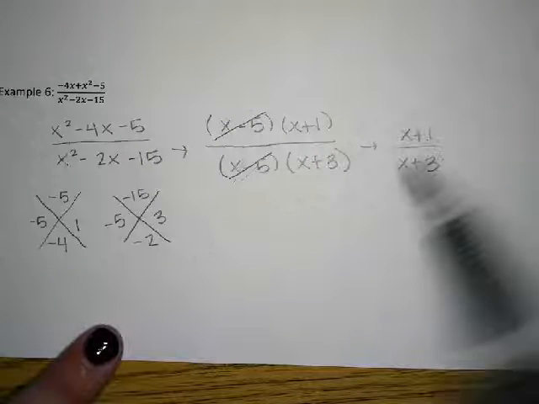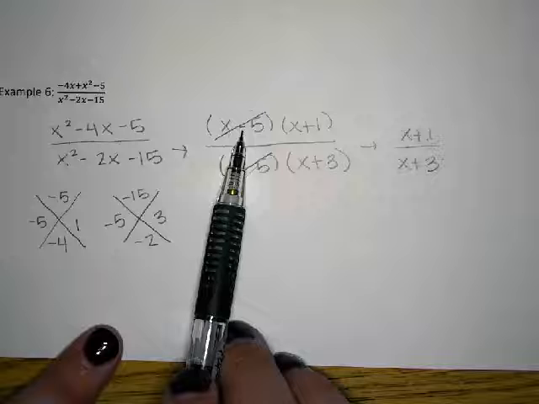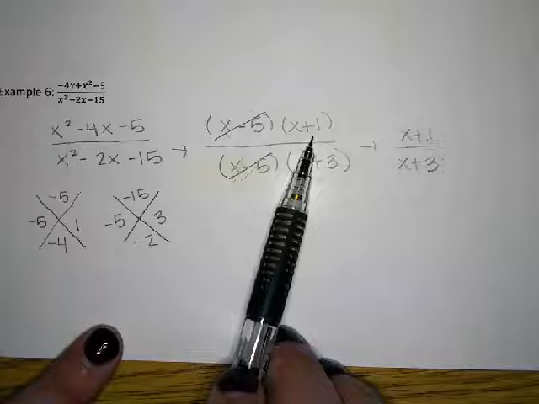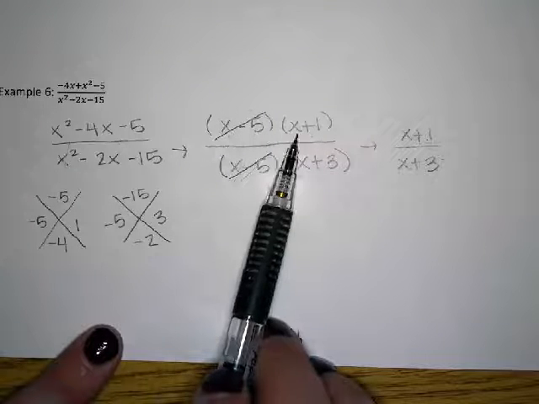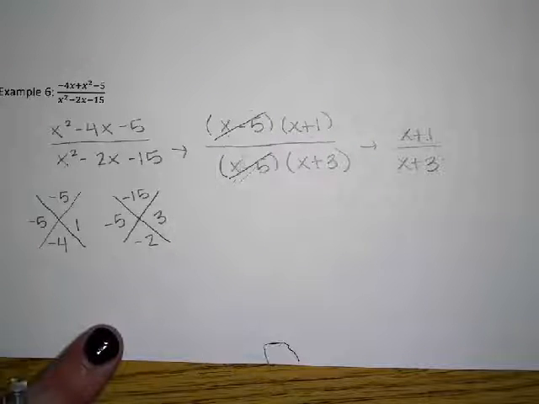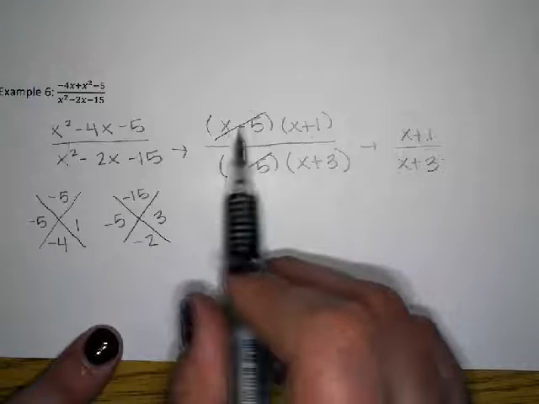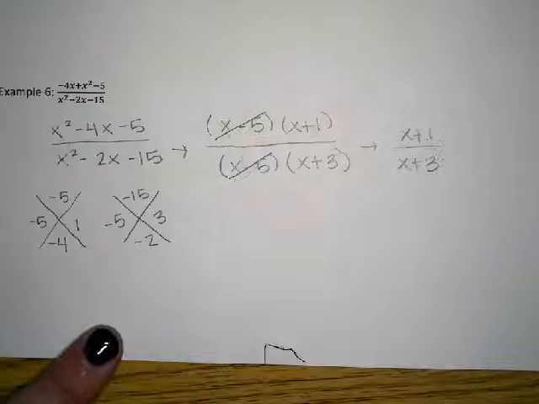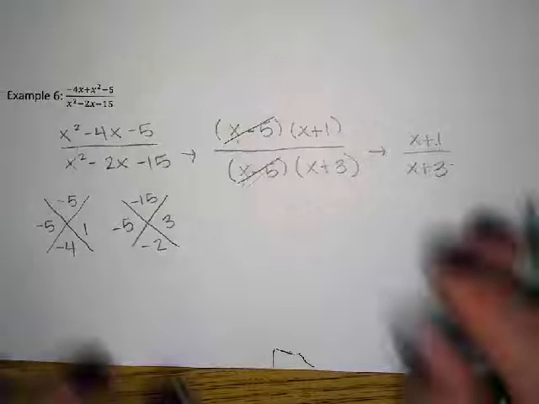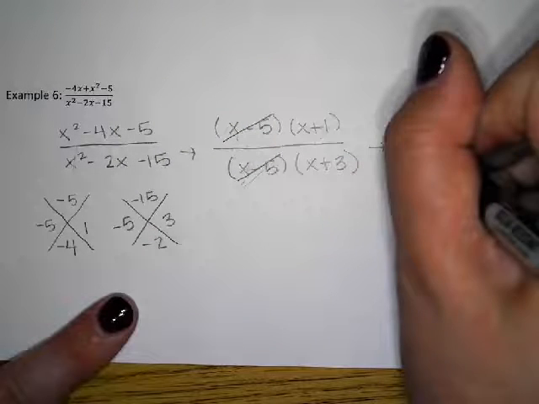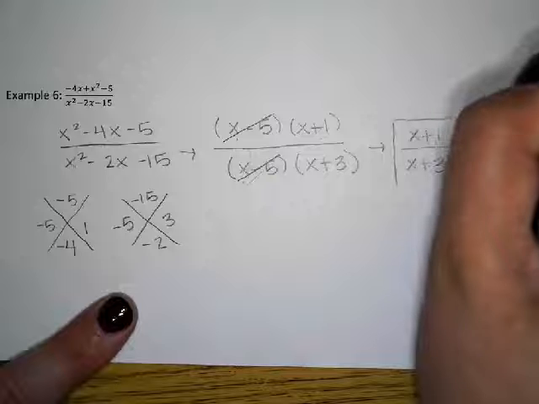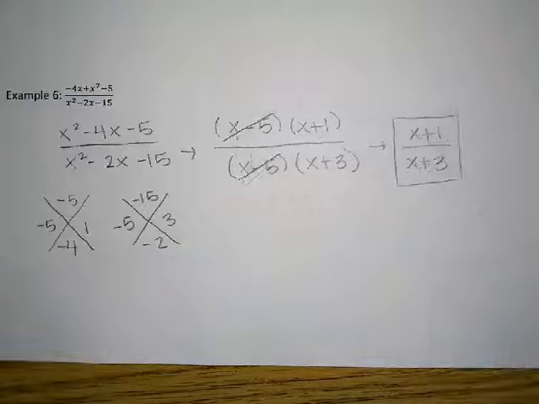But because this was x minus 5 times x plus 1, the times and the division is what made it so I could cancel. That's why it was the whole chunk: something times something, divided by something. So the final answer here is x plus 1 over x plus 3.